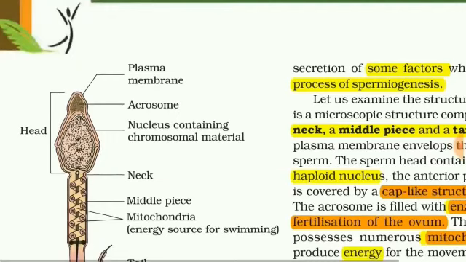And after spermiogenesis, the developed spermatozoa are released from the seminiferous tubule to the outside. The process is spermiation. Spermatogenesis is the overall event, spermiogenesis is from spermatid to spermatozoon, and spermiation is the delivery of sperm from the seminiferous tubules.